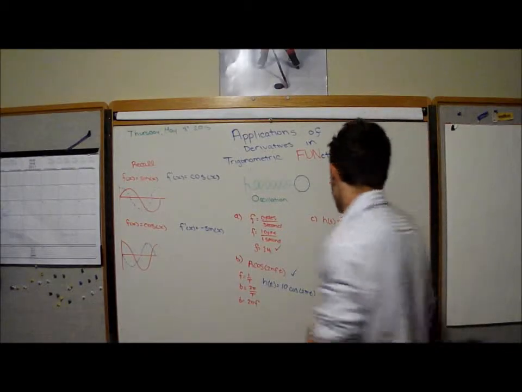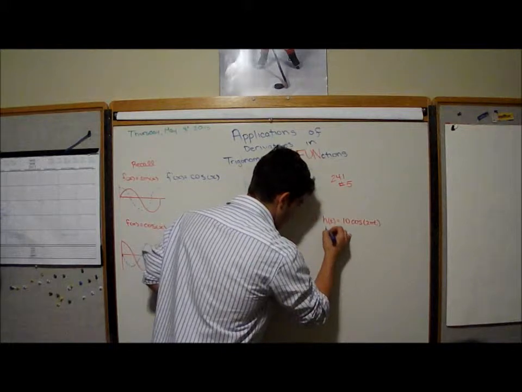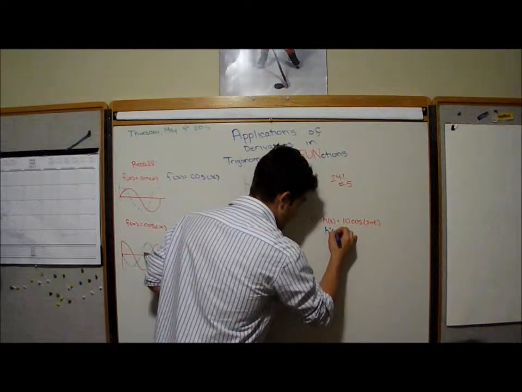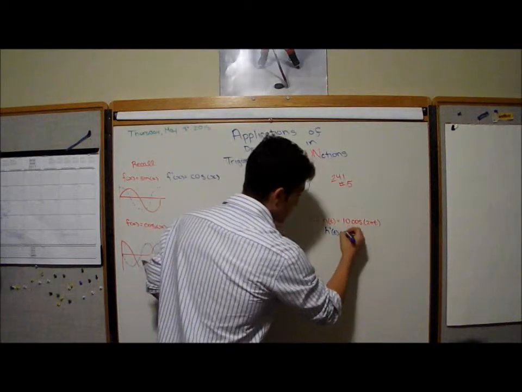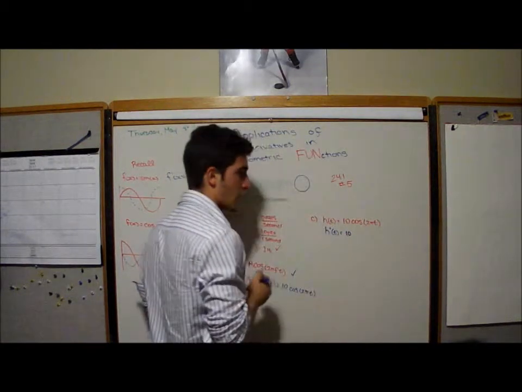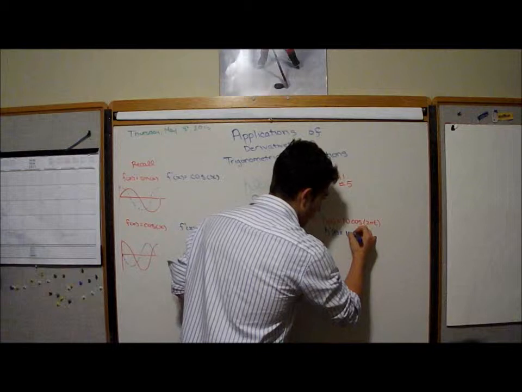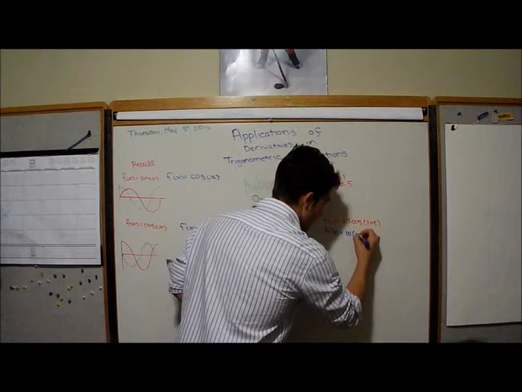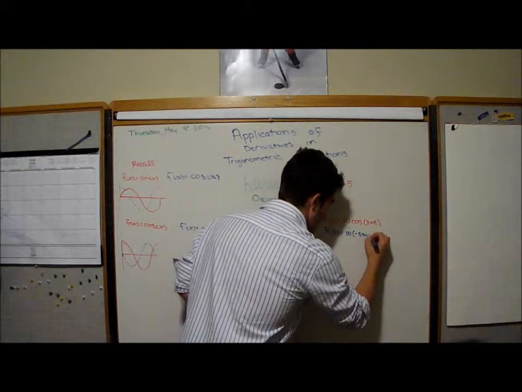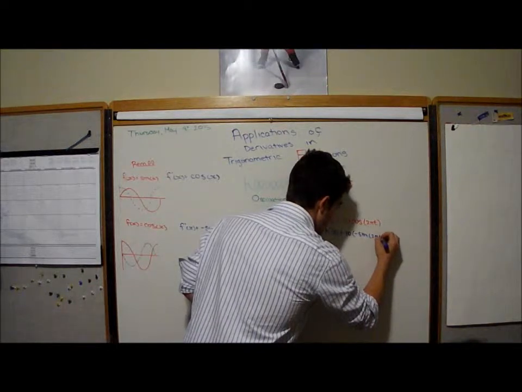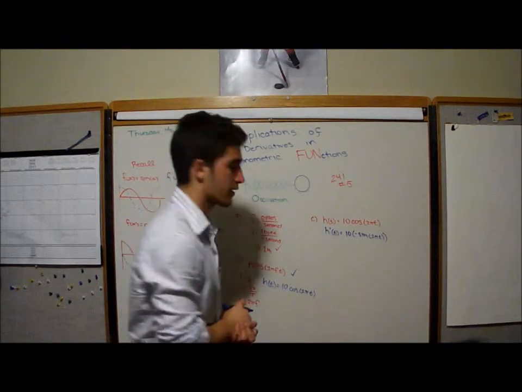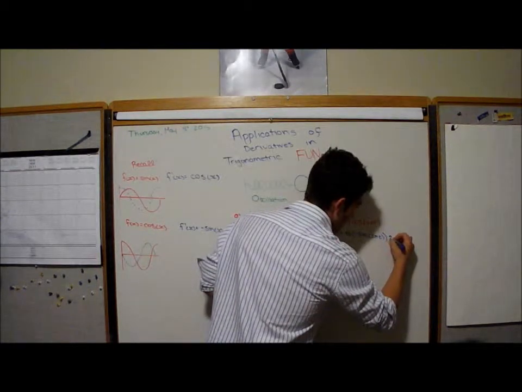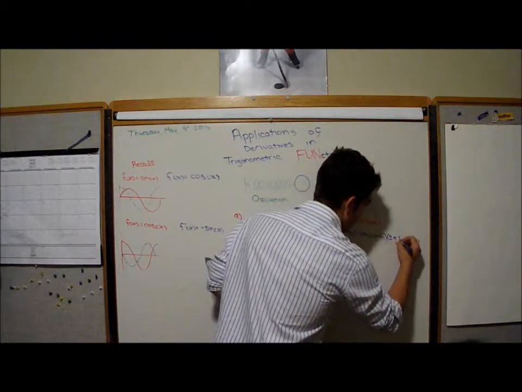So let's begin. H prime t, or the velocity of time, is equal to 10, which is just our amplitude, right, multiplied by the derivative of cos, which is going to be negative sine of 2 pi t, times whatever's inside that bracket, which the derivative is just 2 pi.